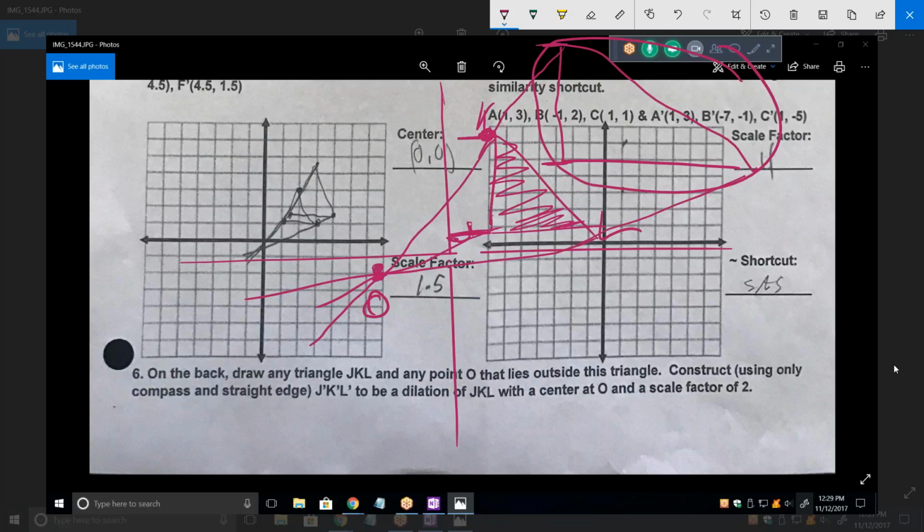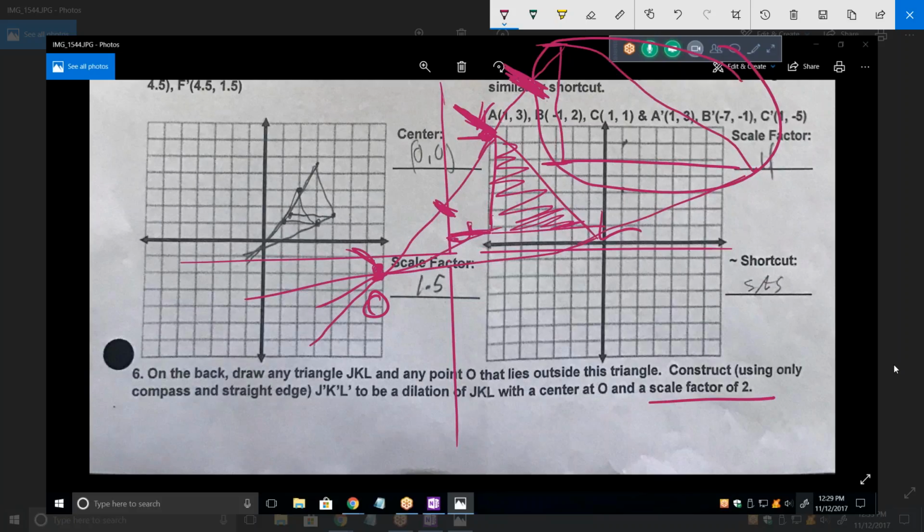A compass is just for measuring distances. So what I know is that if this distance here is equal to this distance here, I will have a dilation of a factor of 2. And that's what they ask for. So set your compass distance from there to there and go an equal distance.